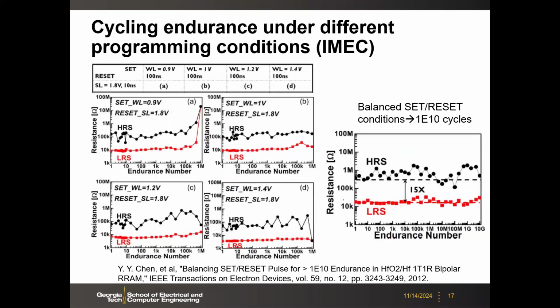And then the endurance. Here, the IMEC paper, the follow-up paper, discusses the trade-off, or let's say optimization, of the programming condition. You see this is the resistance as a function of the cycling pulse number. Depending on the set and reset condition, for example, in the first case the set is kind of weak and the reset is kind of strong.